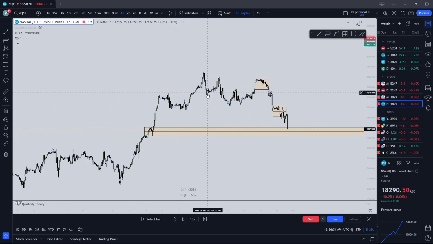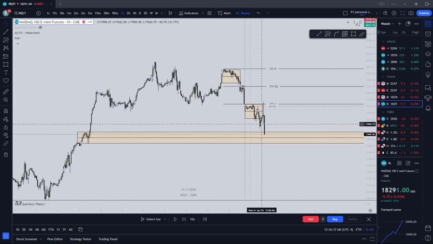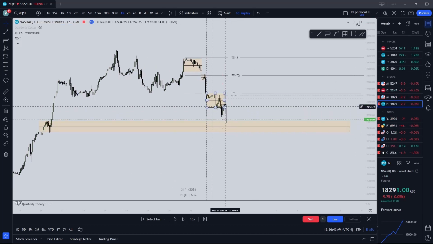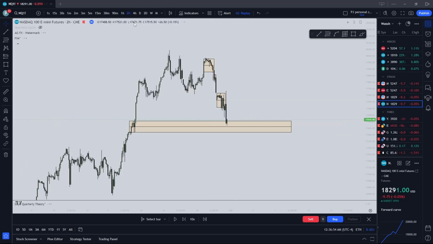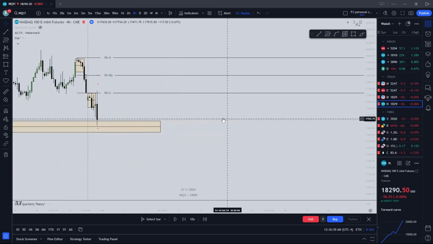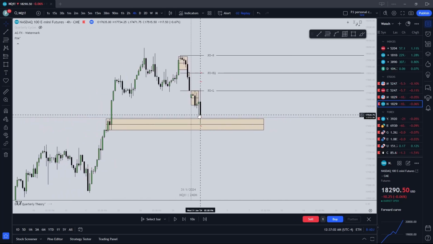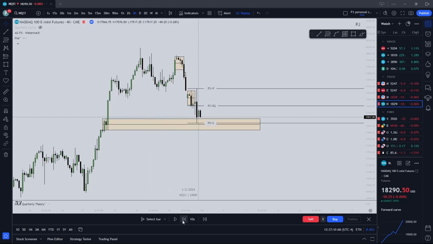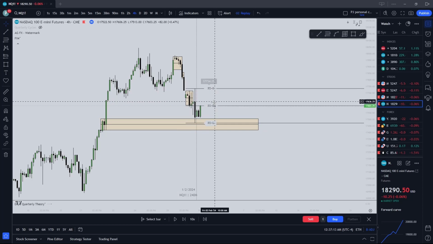Down to our 1 hour, we have now left and displaced lower and left a fair value gap. Coming into Wednesday PM session into our close, we see that we have left what is not seen as a 4-hour rejection block now, but what I will see as a rejection block as we break this high.